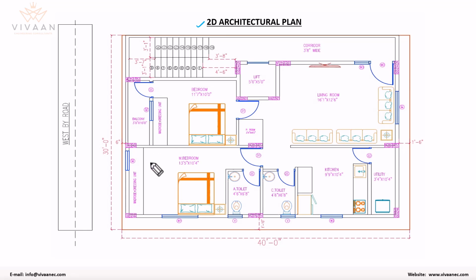If people are interested, we follow the proper Vastu. Apart from that, we also need to follow the building bylaws of the country in which we are going to construct the building, as well as the local rules. This is a 2D architectural plan for a 2 BHK house on a 30 by 40 site.